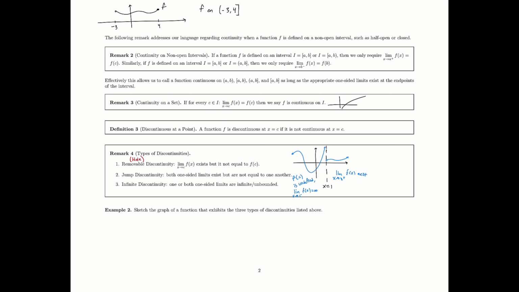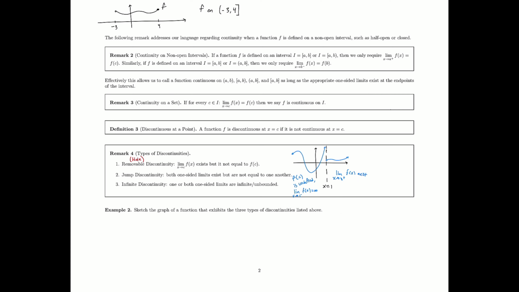Maybe I have this, the natural log of x. It is continuous on the positive numbers, the domain of natural log. You can even have a function that is discontinuous in some places and still be continuous at other locations.